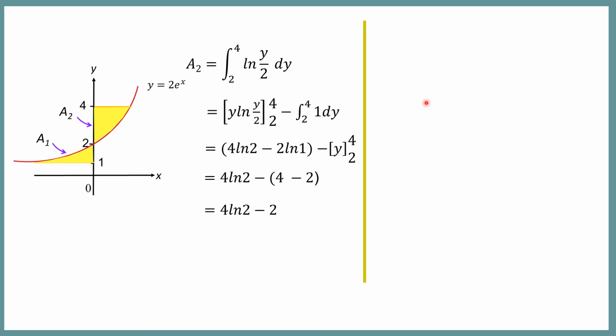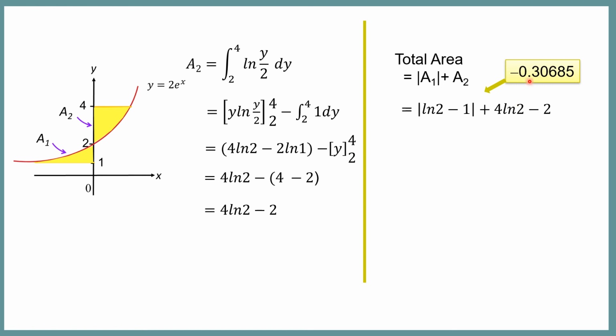Hence, the total area of the region is the modulus of A1 plus A2. Remember, area takes a positive value, since A1 is on the left side of the y-axis. So, we have the modulus of ln 2 minus 1, plus A2, which is 4 ln 2 minus 2. Now, ln 2 minus 1 is actually a negative value, negative 0.30685, hence the modulus sign.